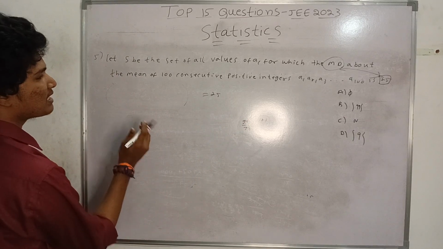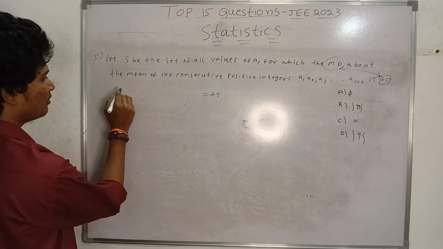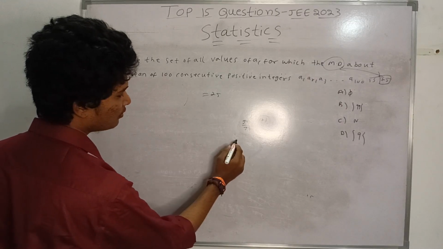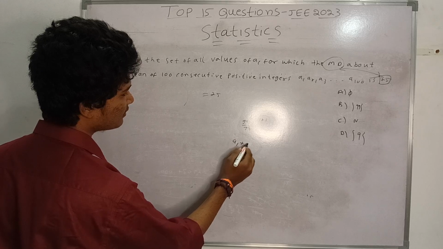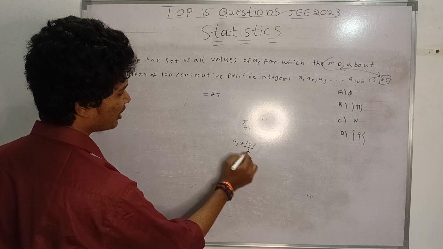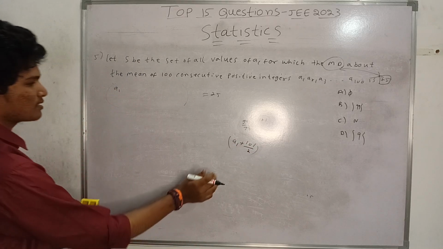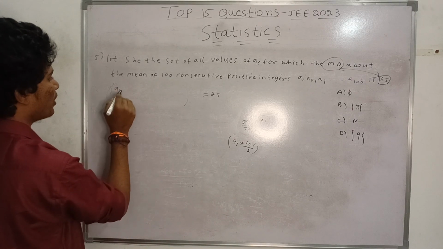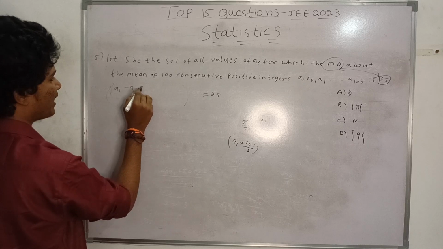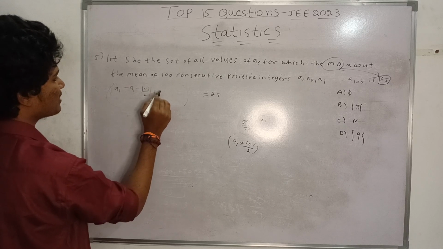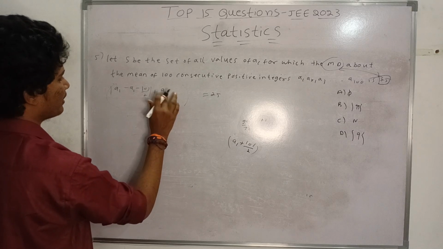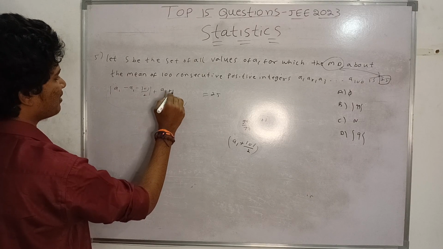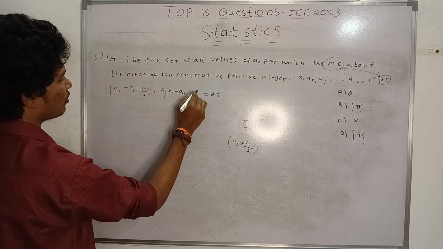What is mean deviation? Subtract each and every term, that is A1, from the mean A1 plus 101 divided by 2. So I am subtracting the first term and I am doing mod. A1 minus A1 minus 101 by 2, and it is mod, plus A2, that is A1 plus 1 minus A1 minus 101 by 2.